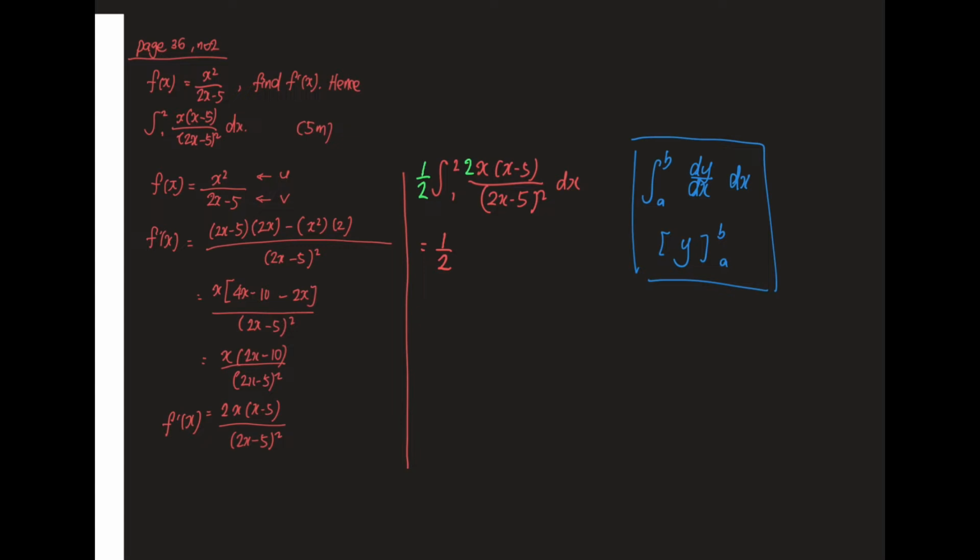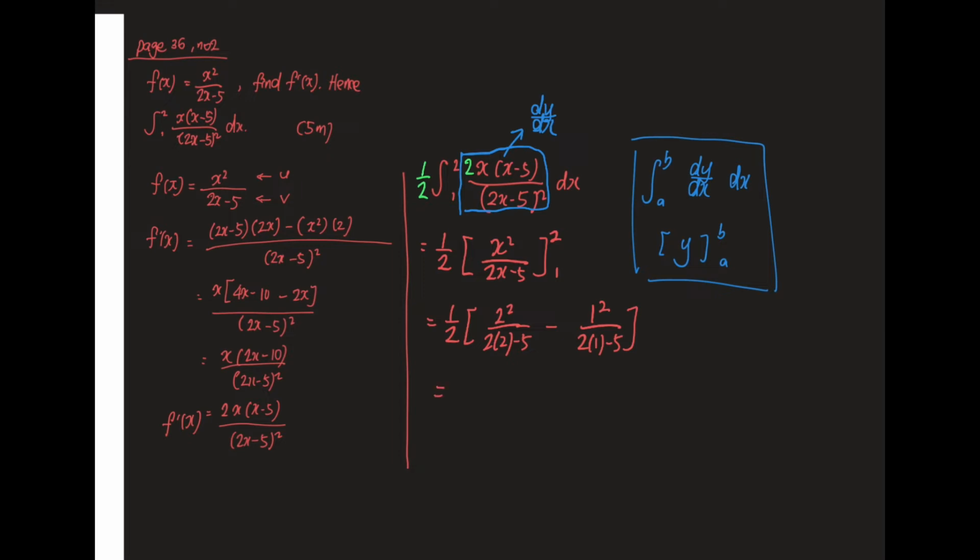Everything inside here is now dy dx. According to the formula, when you integrate dy dx, you will get y. That means you will get f(x) for our case here. Our f(x) is x squared over 2x minus 5. After that, we substitute the upper limit into x, 2 squared over 2 minus 5, then we substitute the lower limit, 1 minus 5.